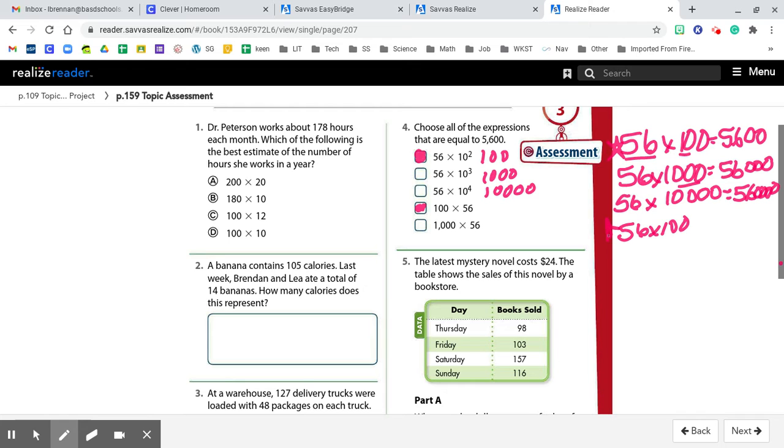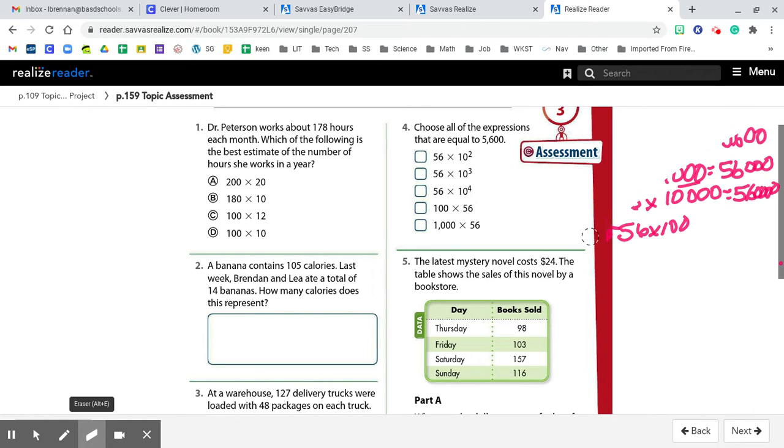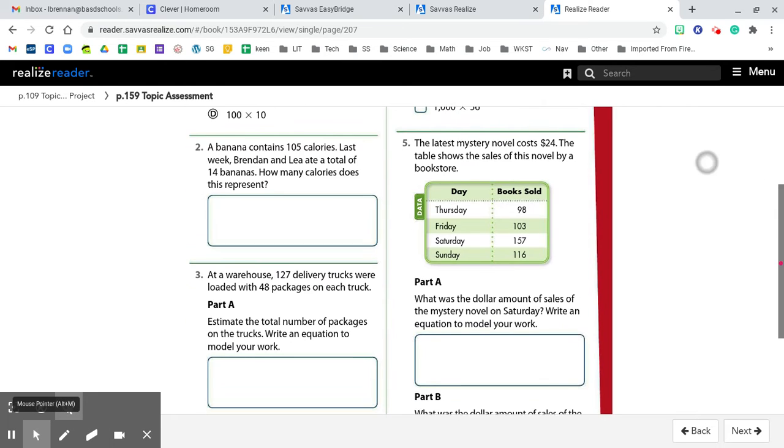And 1,000 times 56, we already did that one over here too. So on these problems, you do have to do every single computation. You don't know if there's two answers or three answers, or one answer for that matter.